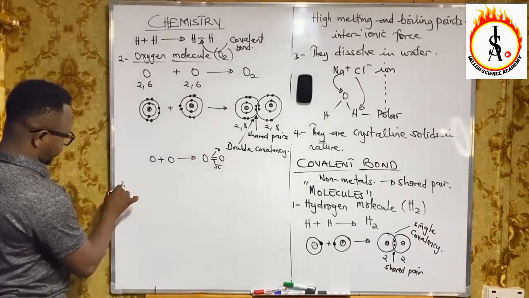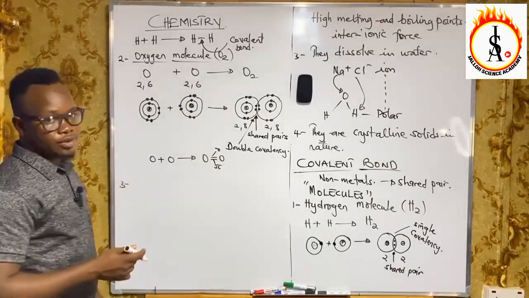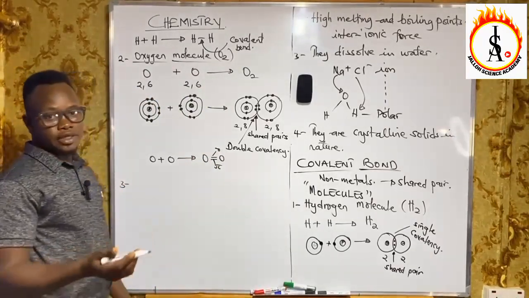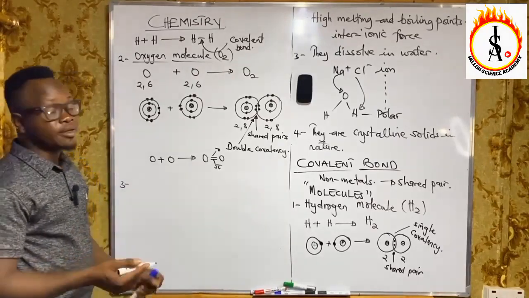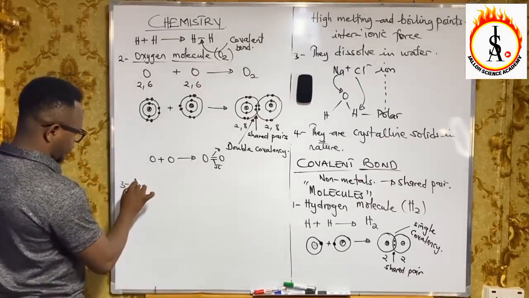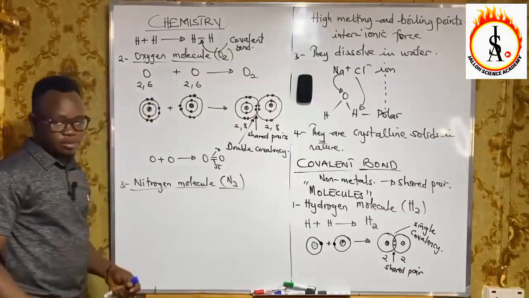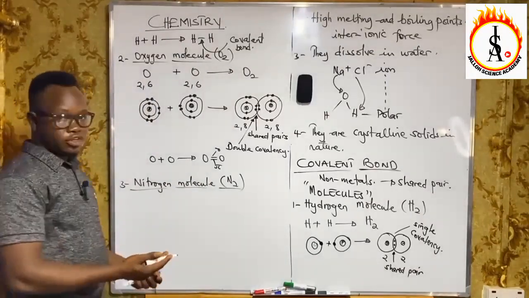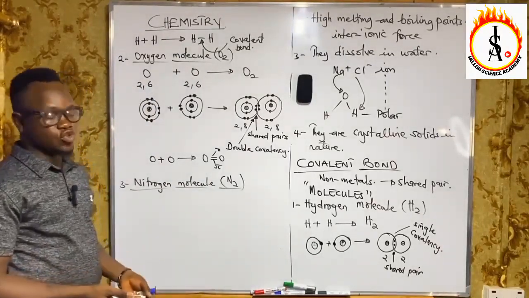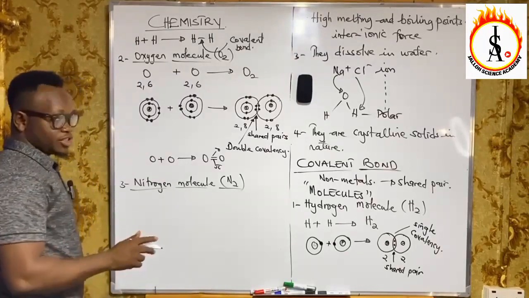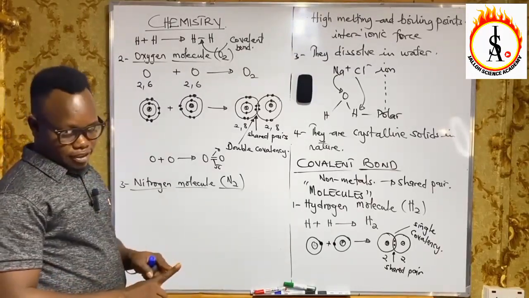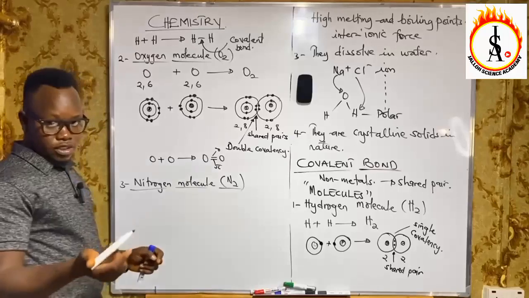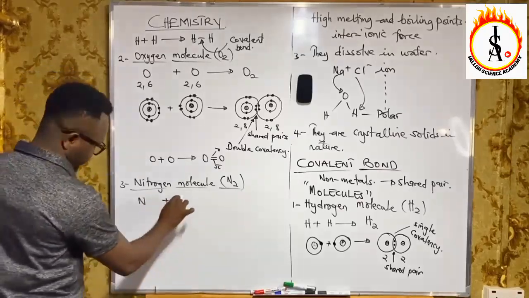So the third example we can look at, still under covalent bonds, is the formation of nitrogen molecule. So nitrogen molecule with a formula N2 tells us it is two atoms of nitrogen that are combining to give us molecular nitrogen.